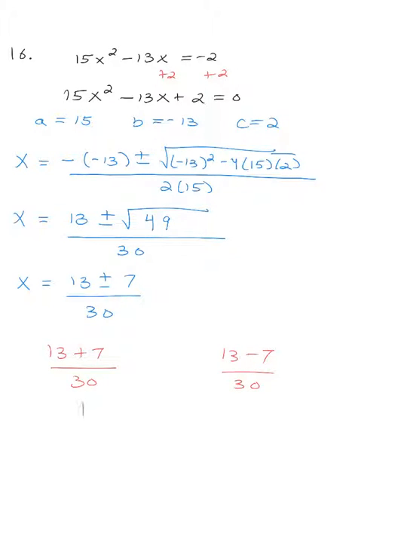Okay, for the first one here, that's 20 over 30, which simplifies to positive 2/3. That's the solution. All right, and then for this other one, we get 6 over 30, which both share a common factor of 6, which means I get 1/5. My two solutions are 2/3 as well as 1/5.